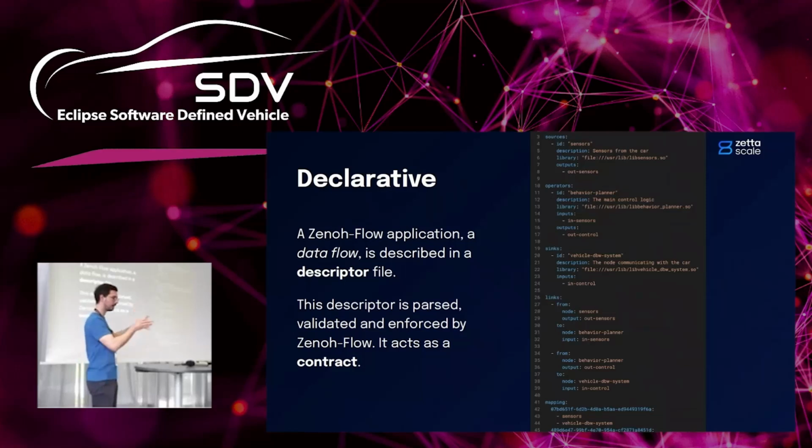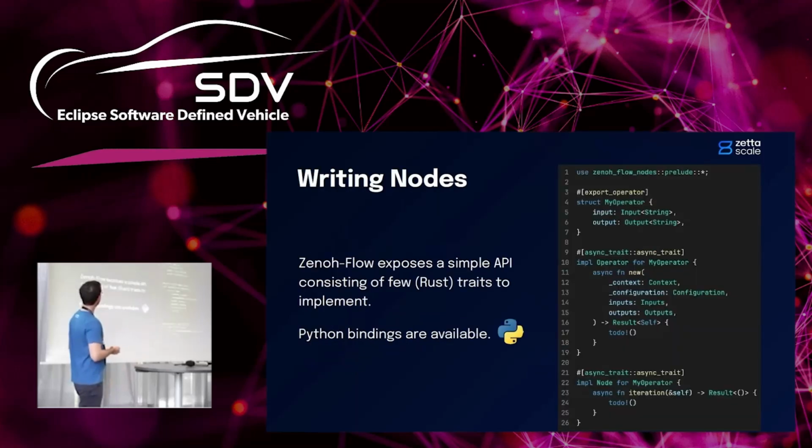You declare and describe your application, and we're going to make sure that what you're saying actually makes sense. You don't have nodes that are not connected, you don't have inputs that are not connected, and you don't have to wait until runtime to know that what you're trying to build will actually connect. This is why we have that descriptor file as a contract.